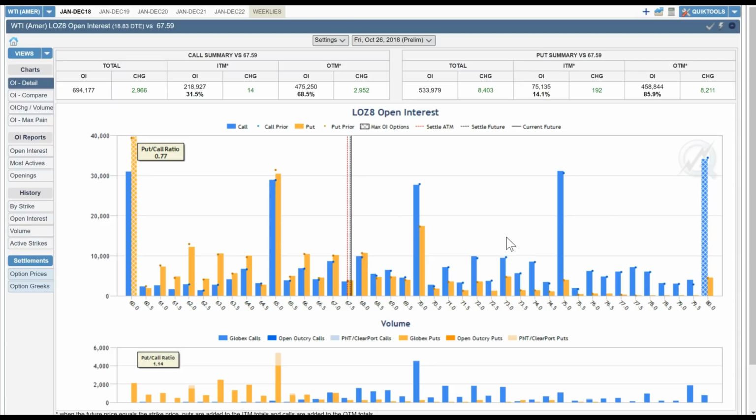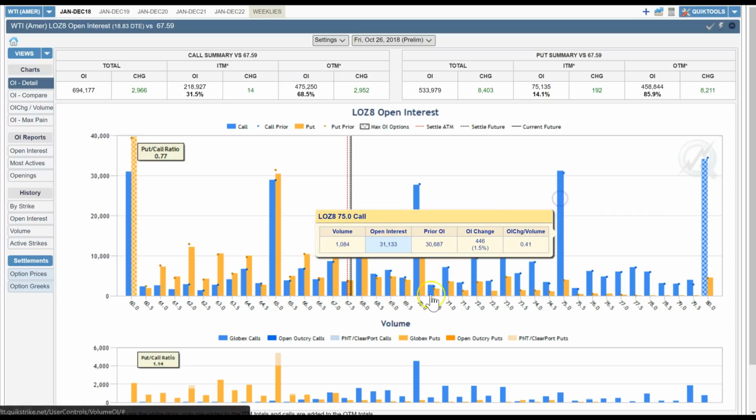Many of them are laid up, and also many of the strategies that people are trading, most likely you'll see in these big round number activity, because people will be trading flies. So they'll be trading a 60, 65, 70 fly, or a 70, 75, 80 fly, as you can see here. So quite likely this looks call fly heavy.